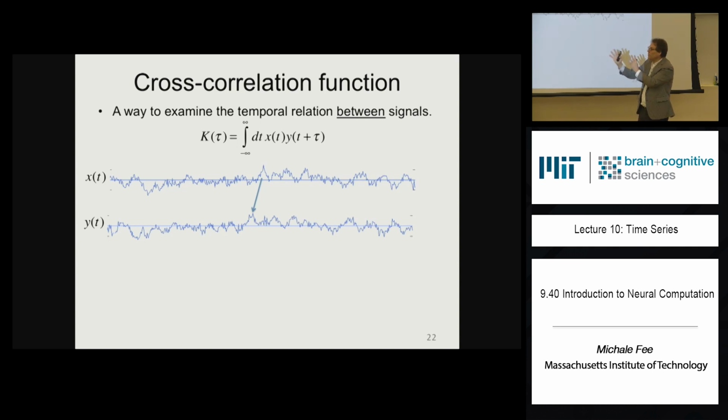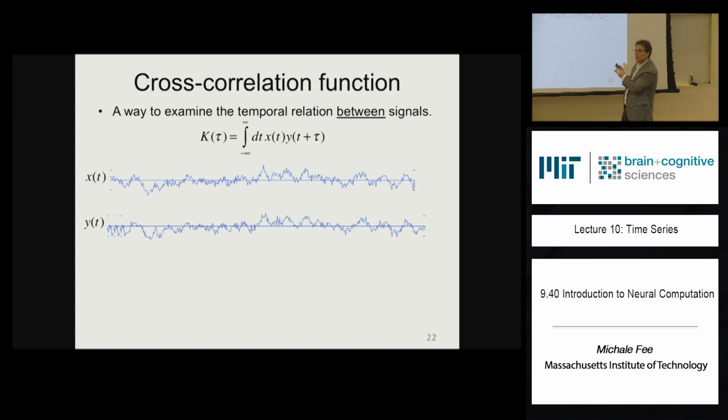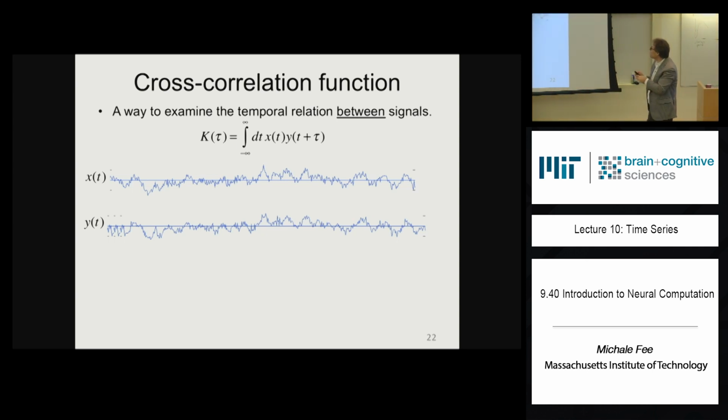Exactly. It's only when they overlap that all of the positive parts here will line up with the positive parts here, and the negative parts here will line up with the negative. And since you're taking the integral together, it just makes a very large positive. Exactly. All of those positive times positive add up to the negative times negative, which is positive.